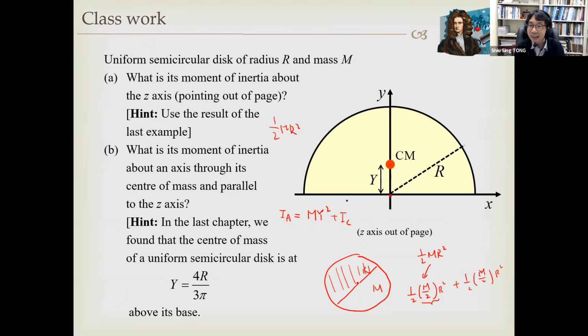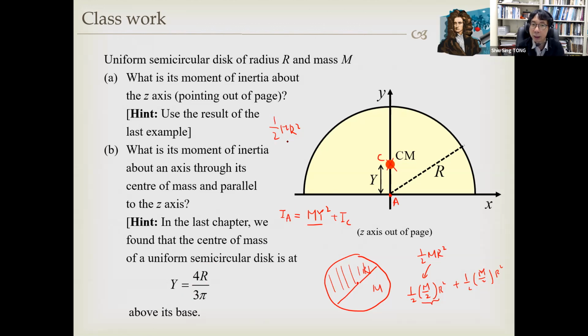I_A is the axis that passes through the center of the semicircle, and C is the axis that passes through the center of mass. So they are related this way. Y is the distance between them, which was found in the last chapter. So we just apply this formula.